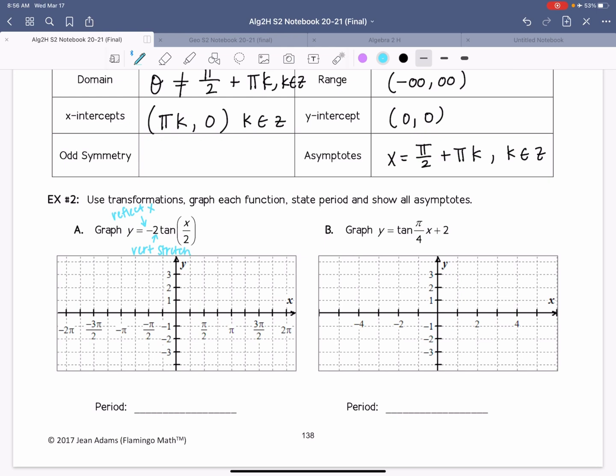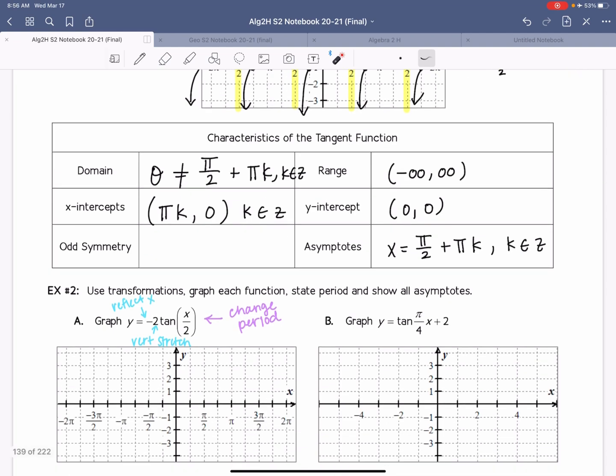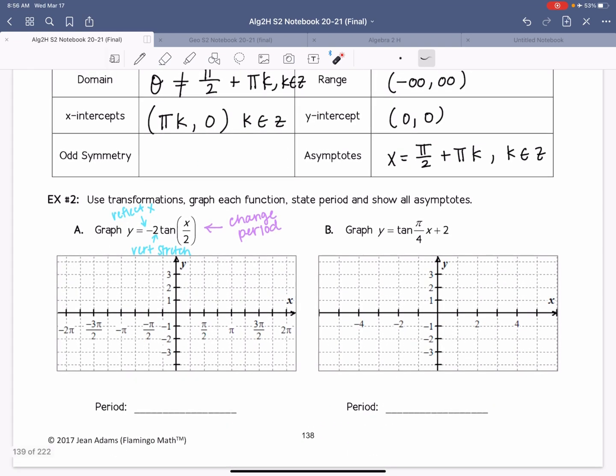And then this is really 1/2 times x. This is going to change your period, because this is a horizontal stretch or shrink, but we don't call it that. If I stretch or shrink this, it's going to move my vertical asymptotes and change the period. So we call this a period change.